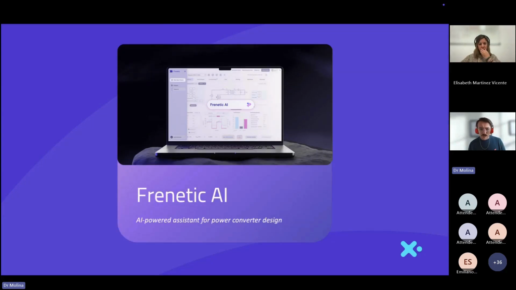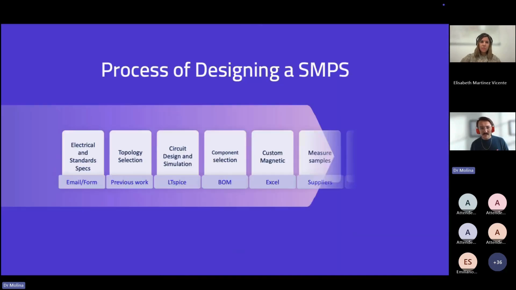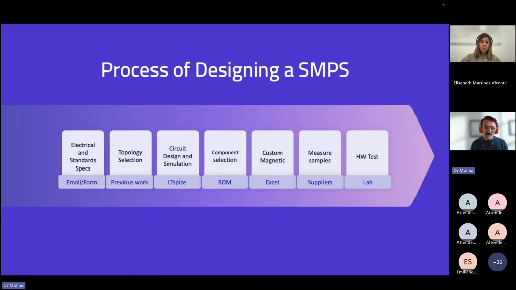What you have access to today is our Frenetic artificial intelligence. The most interesting part of this technology is that we are trying to help engineers in their process of designing power systems, not just power supplies.